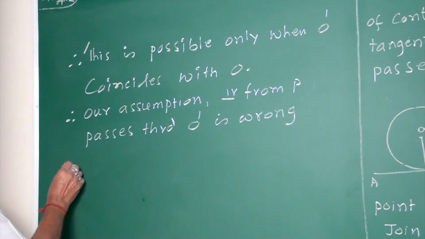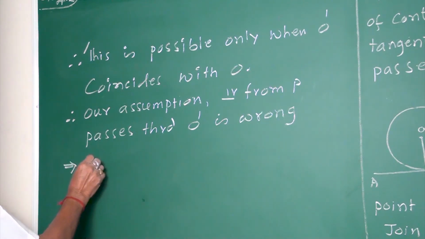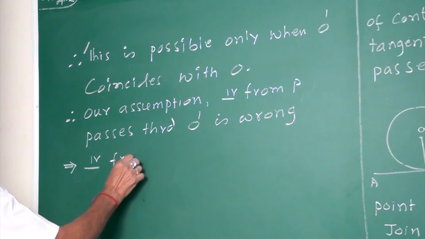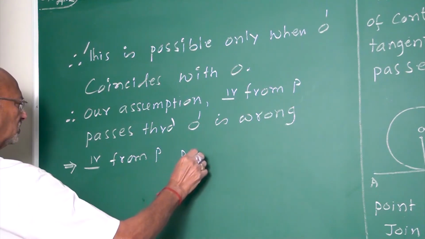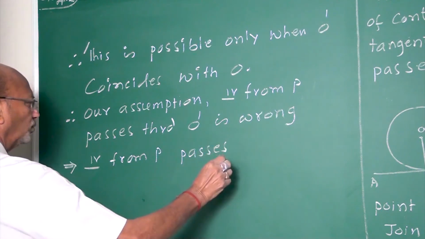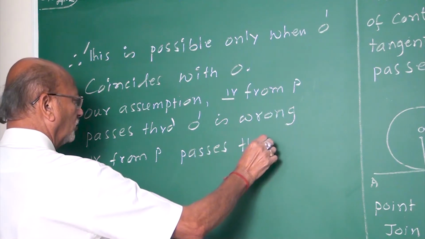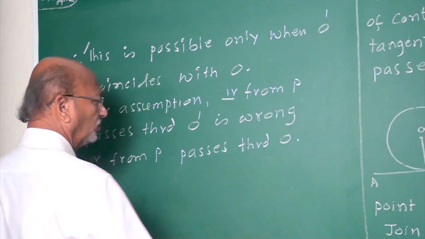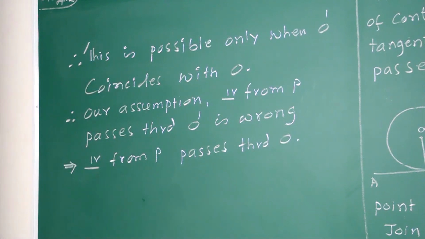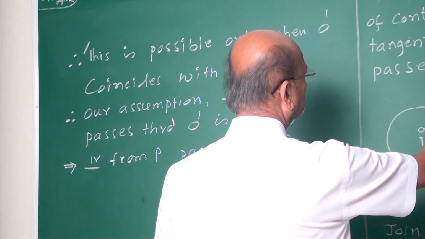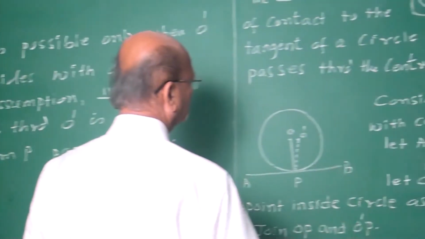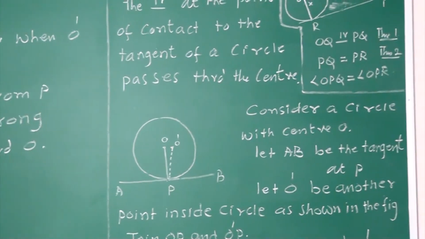This implies the following is correct: the perpendicular from P passes through O. This is correct. Now we want to prove the same: the perpendicular at the point of contact to the tangent passes through the center.